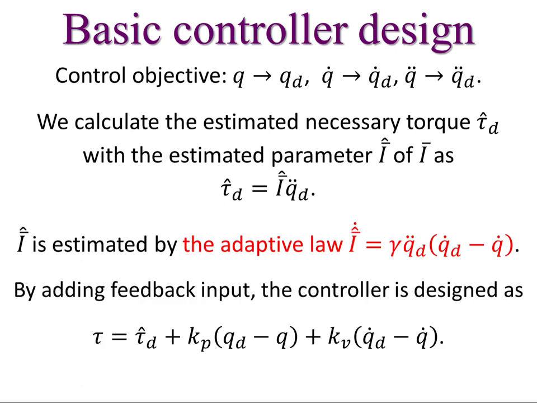The actual control law is such an equation in which the terms of error feedback are added to the estimated required torque tau d hat. From the above, we can see that adaptive control is the same as the computed torque method except for the part for estimating the physical parameters. Therefore, CP control can be realized in the same way as the computed torque method if parameter estimation can be realized.